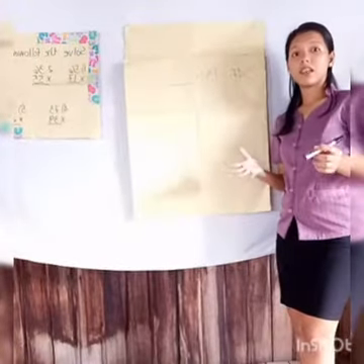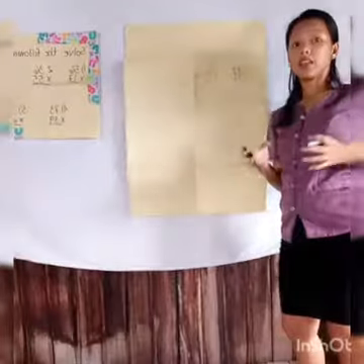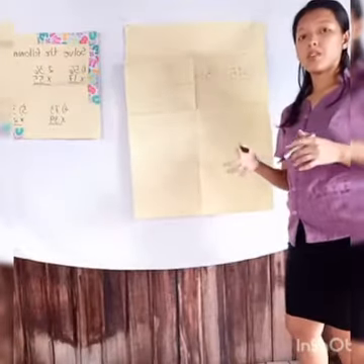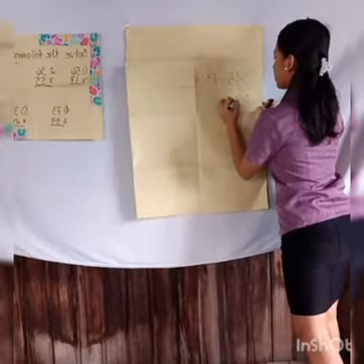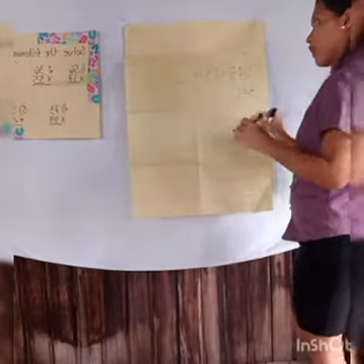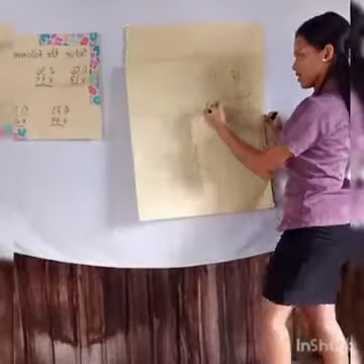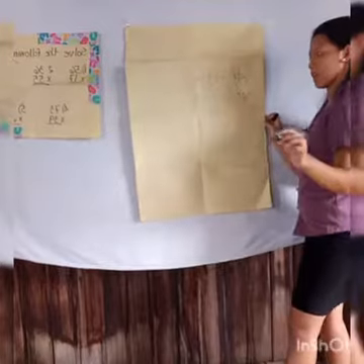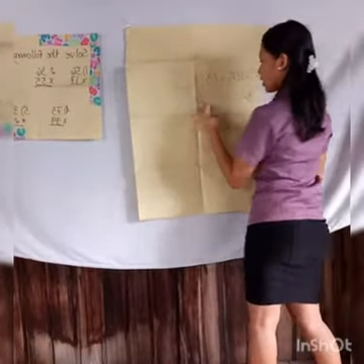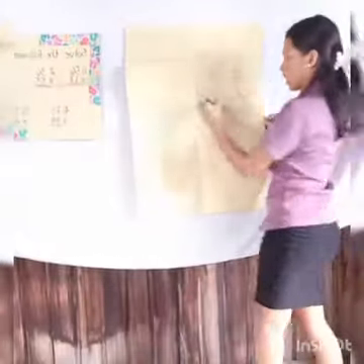The steps in subtracting using expanded form: first, we need to express the numbers in expanded form. The expanded form of 345: we start in the ones place, so the ones place is still 5. In the tens place, we have 4, so it will be 40.